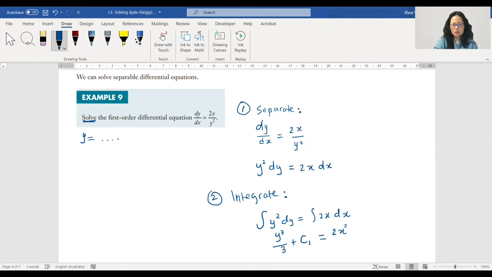So square. Now, we got too many constants happening here. So what I'm going to do here, I'm going to tidy it up a bit. So y cubed over 3 equals, because we want y equals something, okay?